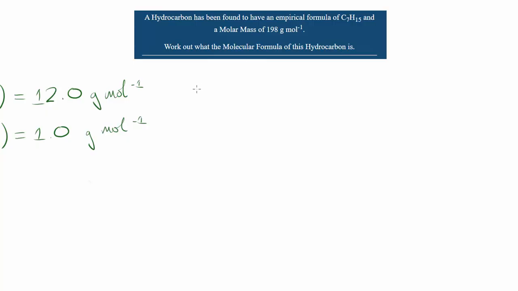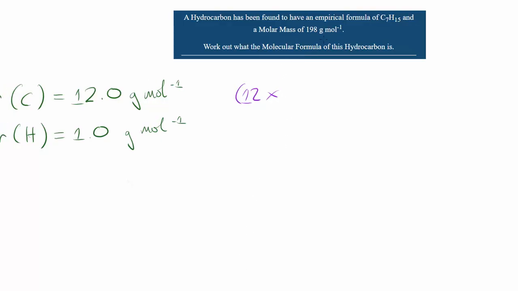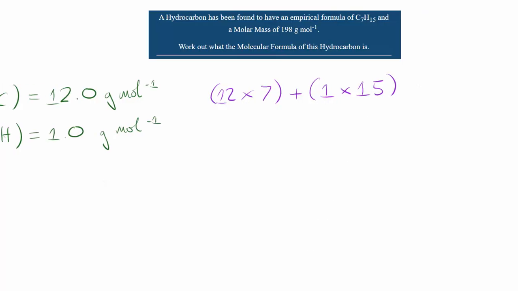So what does that mean in practice? We're going to do 12 multiplied by the coefficient for carbon, which is 7. We're going to sum that with the same applied to hydrogen. So 1 is the molar mass for hydrogen, and we're going to multiply that by 15, the coefficient corresponding with the hydrogen. That is going to tell us the molar mass of our empirical formula.